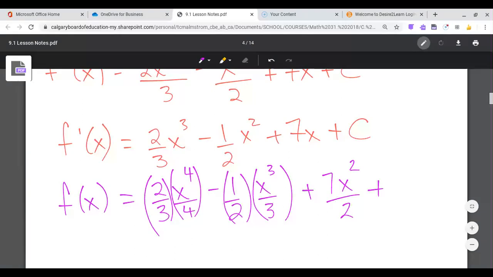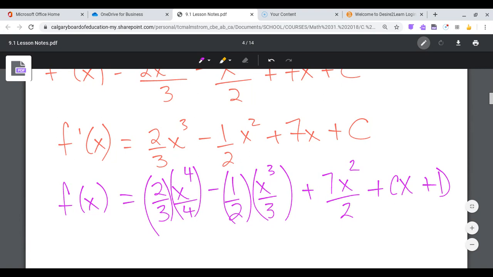Ooh, now we have to add to a constant. So remember, if it had been 5, we would have 5x. So this is going to be cx, but we have to add in a new constant. So in order to do that, we use a different letter, just so that we can say that we don't really know if those letters are numbers are the same. So we don't want to say plus cx plus c because there's no guarantee that those would actually be the same value.